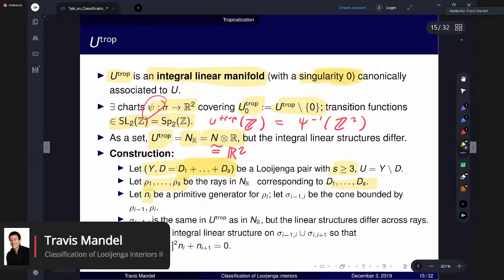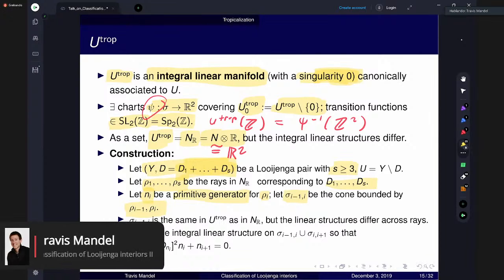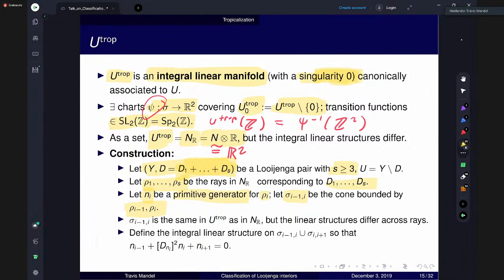Let n_i be the primitive generator for rho_i. Let sigma_{i-1,i} be the cone bounded by these 2 rays, rho_{i-1} and rho_i. So on each of these cones, U trop will look the same as N sub R. They're set theoretically the same, and the integral linear structure is the same.